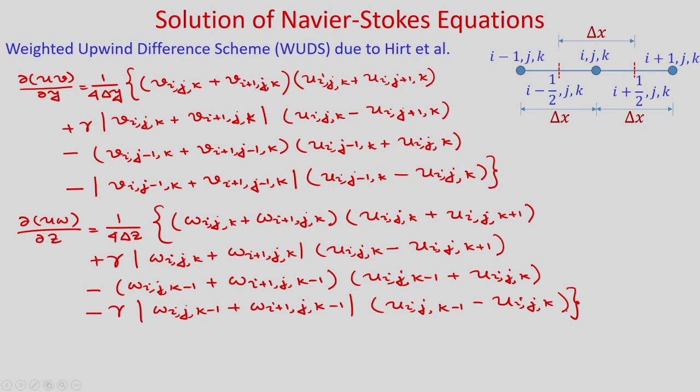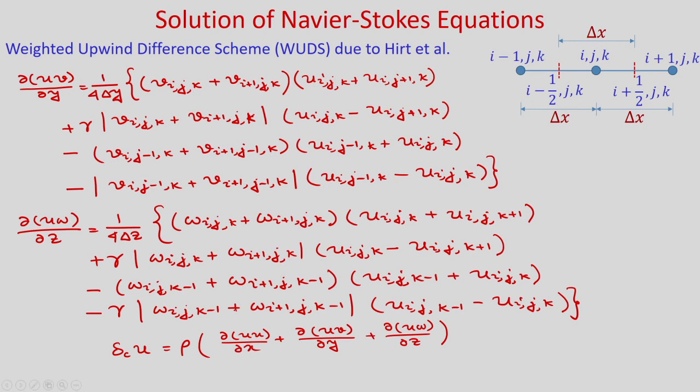Okay. So, you can see that using the weighted upwind difference scheme, we have discretized the convection terms. We can write, considering all the convection terms, delta C u is equal to rho del u u by del x plus del u v by del y plus del u w by del z.